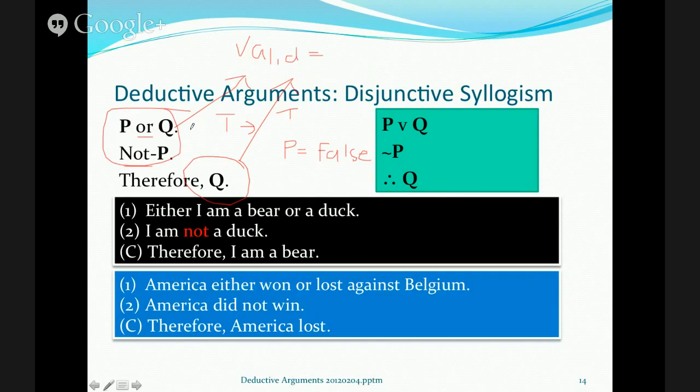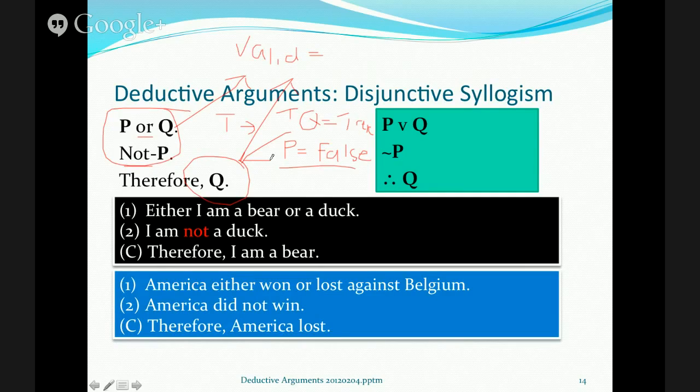To make P or Q true, if P is false, then Q has to be true. That means to make P or Q true and not P true, we have shown that Q is also true. So this is great. This is a wonderful feature.